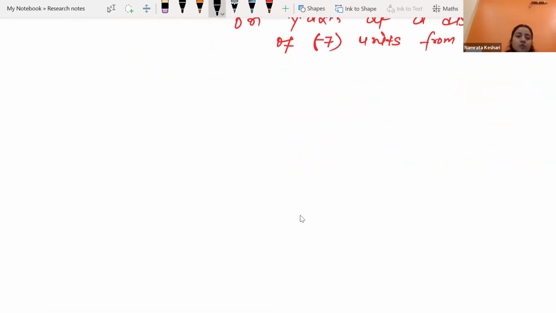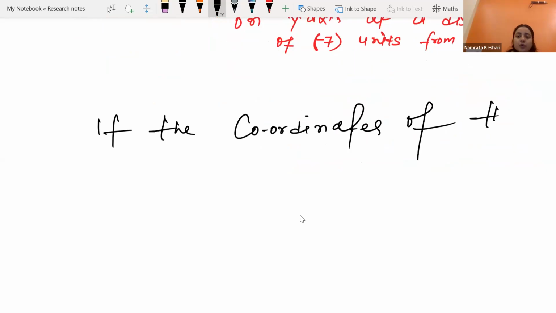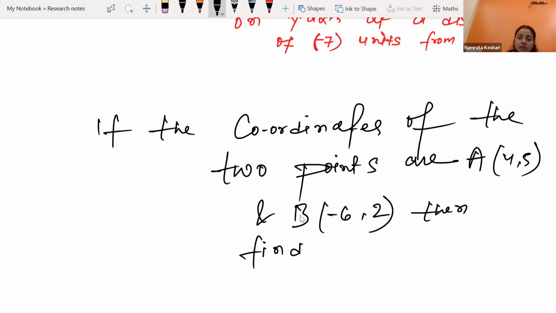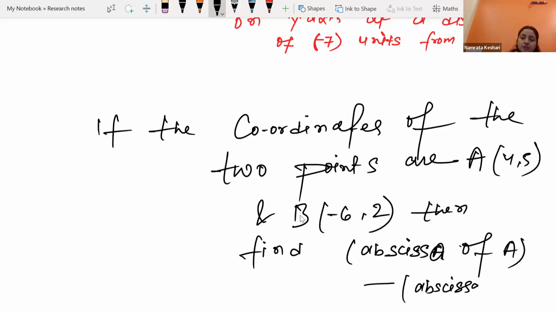This type of question can also come: if the coordinates of the 2 points are A, that is (4, 5), and B, that is (-6, 2), then calculate the value of abscissa of A minus abscissa of B. These types of questions can also come.